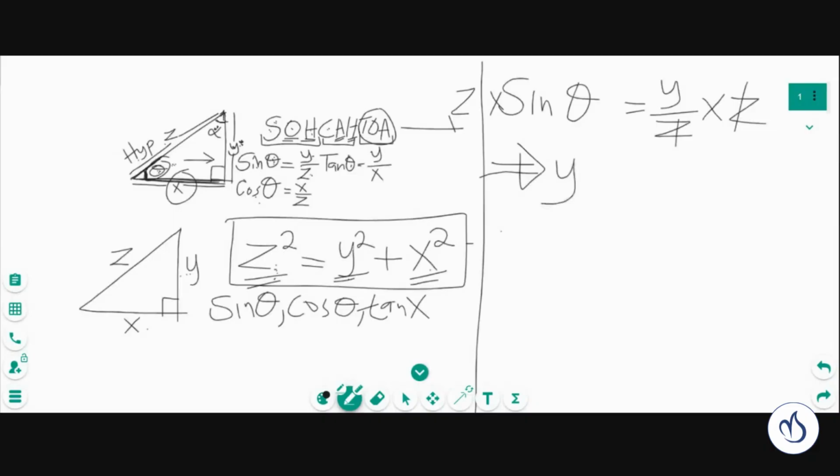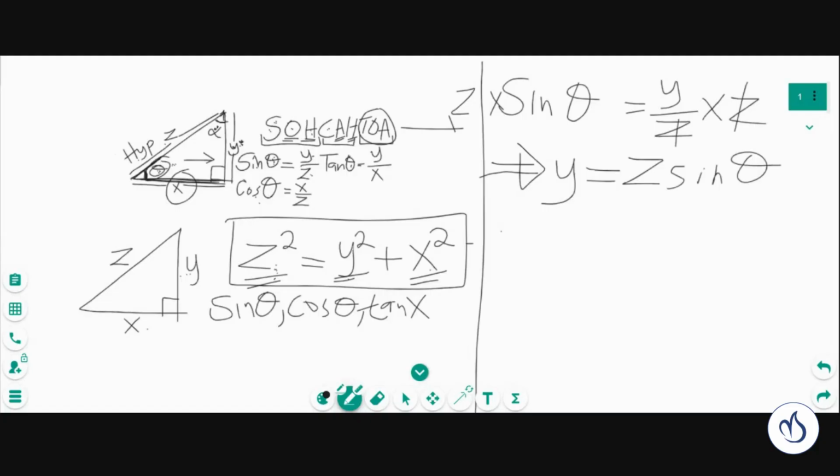So I would have Y being equal to Z sine of angle theta.